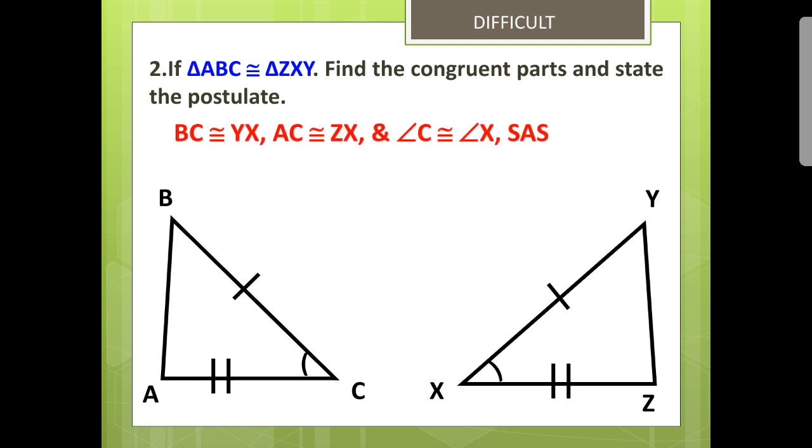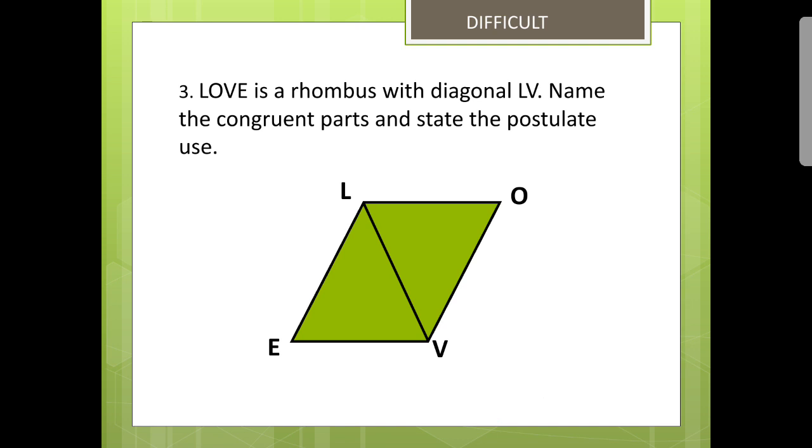The answer is BC congruent to YX, AC congruent to ZX, and angle C is congruent to angle X. So obviously there is an included angle. So the answer is side, angle, side postulate.